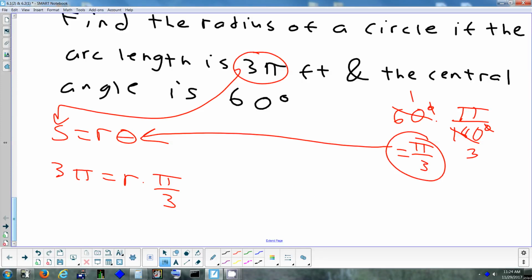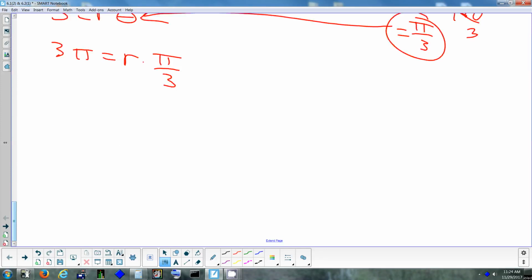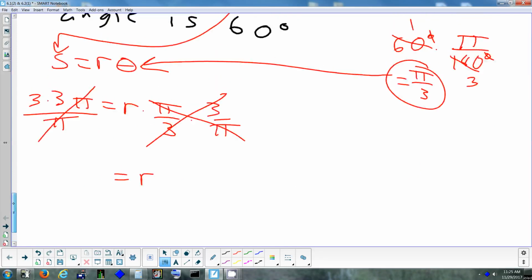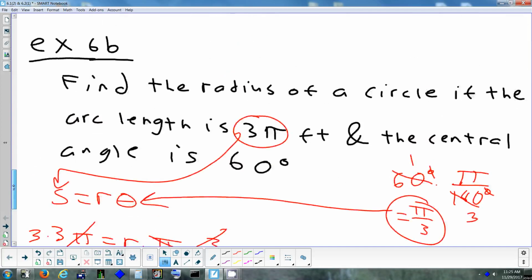What's the reciprocal of pi over 3? 3 over pi. The pi's are gone, the 3's are gone. So I'm left with my radius equals how much? 9.